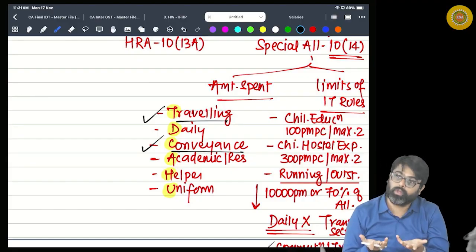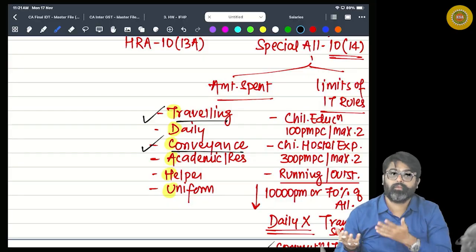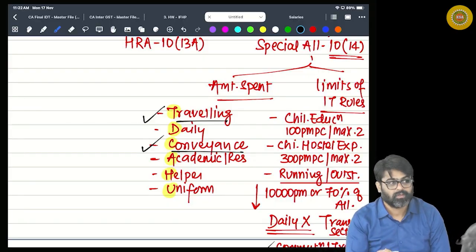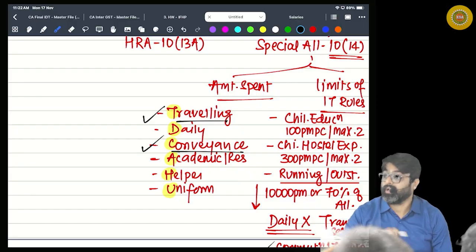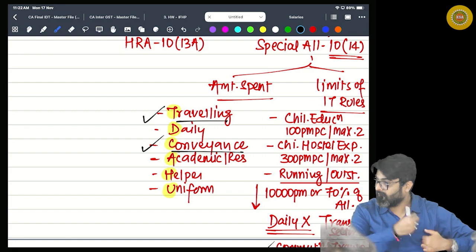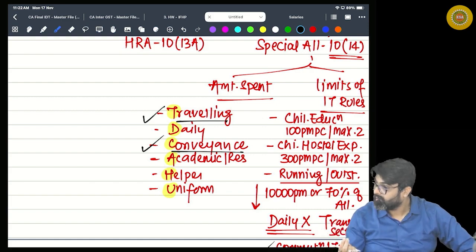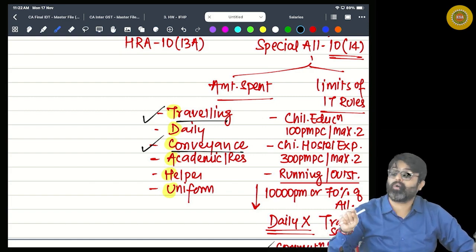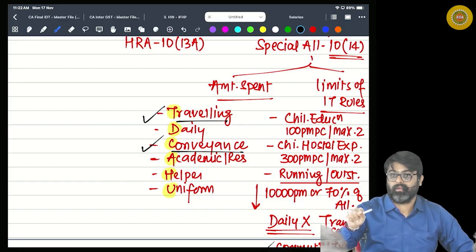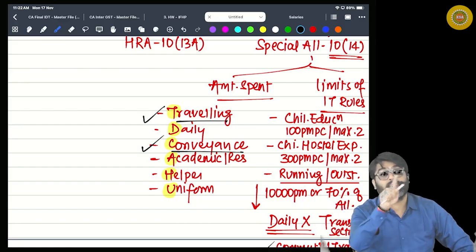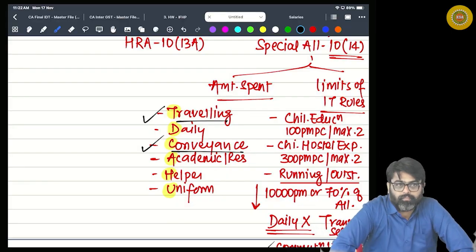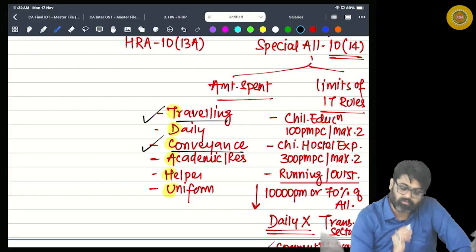So ticket fares, like bus fare, train fare, or airline fare, you will pay out of your own pocket. To meet the cost of traveling which you might incur in the course of performing your duties, this allowance is given. Yes or no?